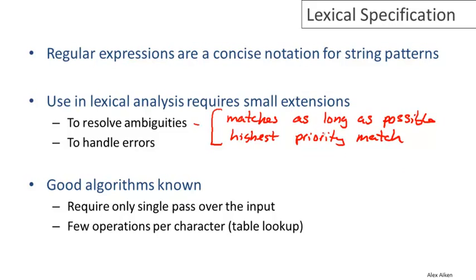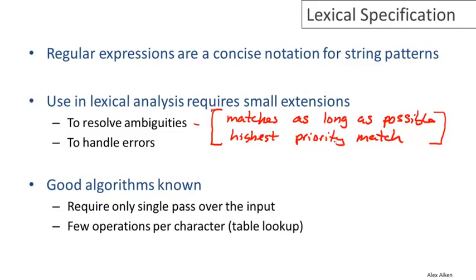I just want to warn you that when you go to write lexical specifications, when you go to actually implement a lexer for a language, the interaction of these two rules, that we take longest possible matches and we break ties in favor of the highest priority rules, that these lead to some tricky situations, and it's not always obvious that you're getting exactly what you want.